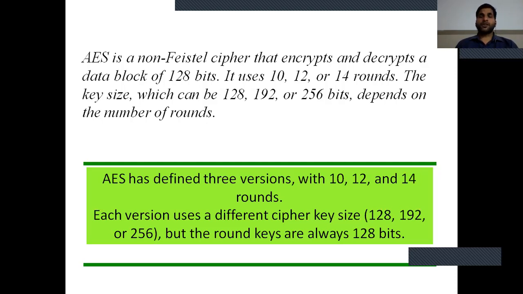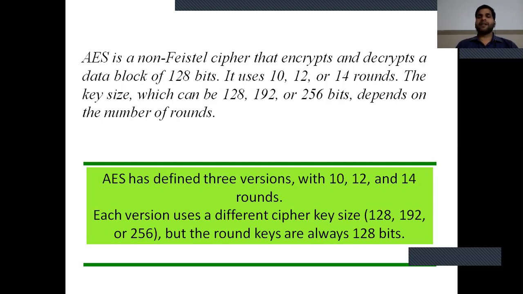It uses 10, 12 or 14 rounds according to the key size: 10 rounds for a 128-bit key, 12 rounds for a 192-bit key, and 14 rounds for a 256-bit key. If the number of rounds is 10, we use a key size of 128; if 12, a key size of 192; if 14, a key size of 256.